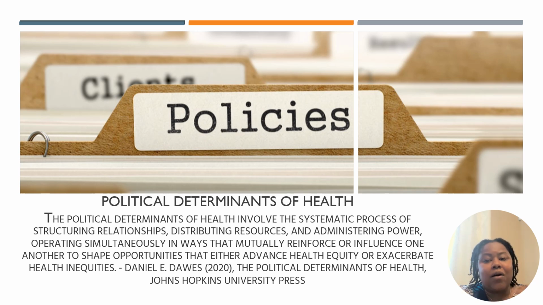Meaning, how our communities are put together, how they're structured, how we get to live, where we play, where we work, what political factors are leading to that, causing social determinants of health.